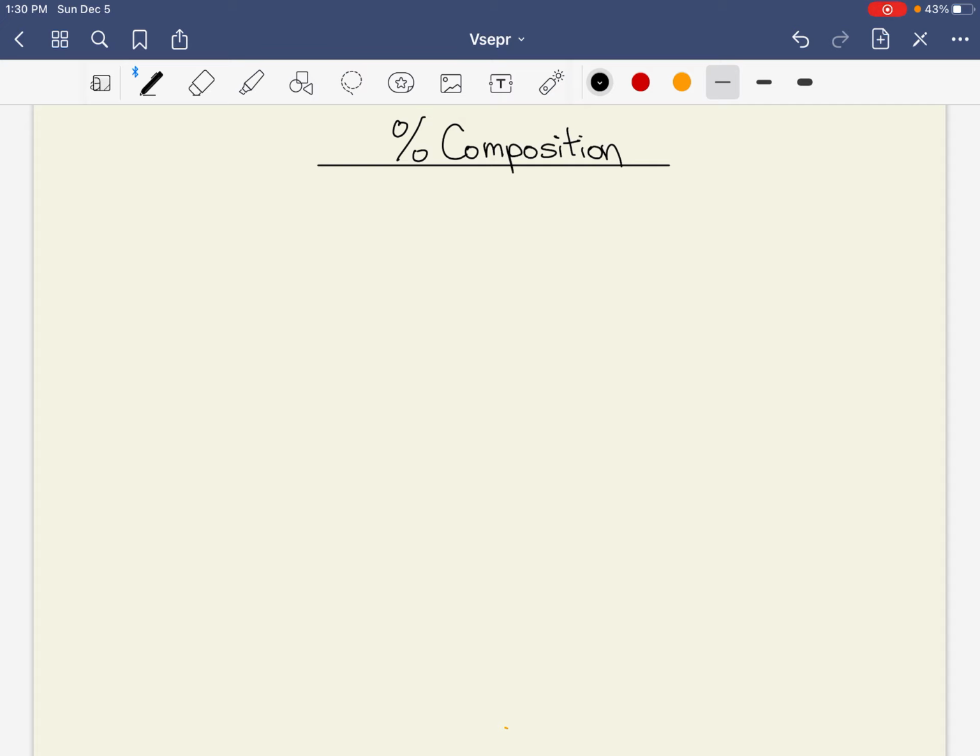All right, here it is. I have 5 grams of sodium. That's not sodium. Let's use copper. Copper 2 oxide. Oh, I'm sorry. Copper 1 oxide. And I have 5 grams of copper 2 oxide.